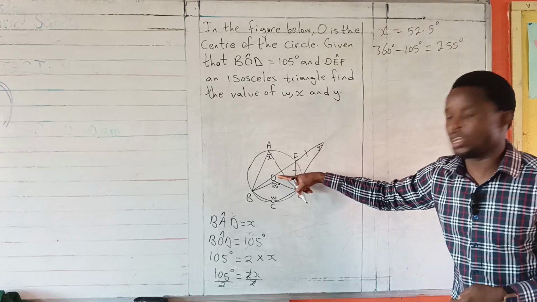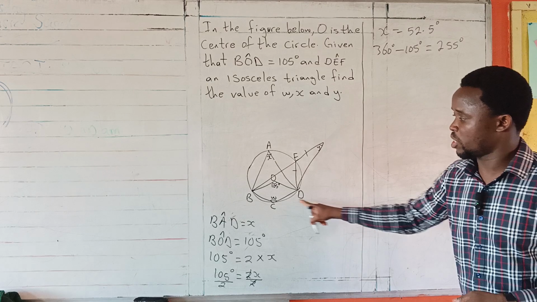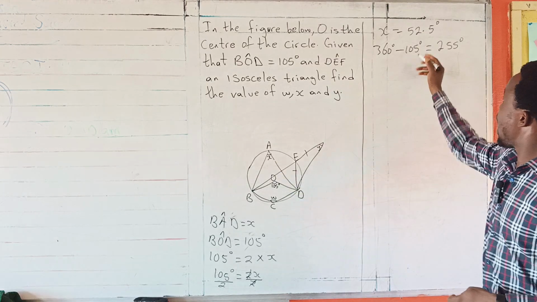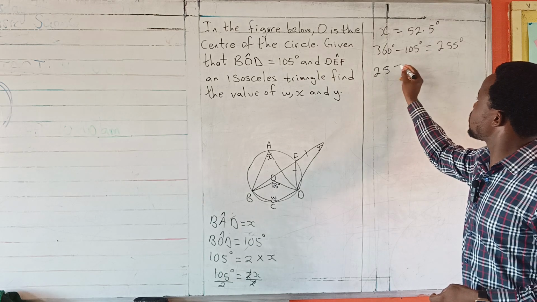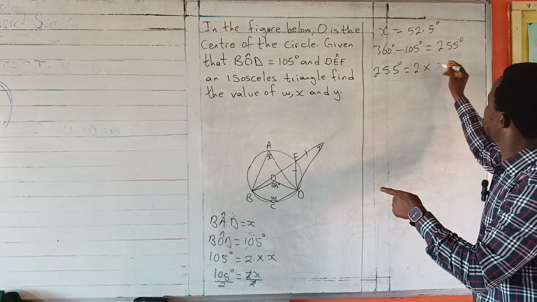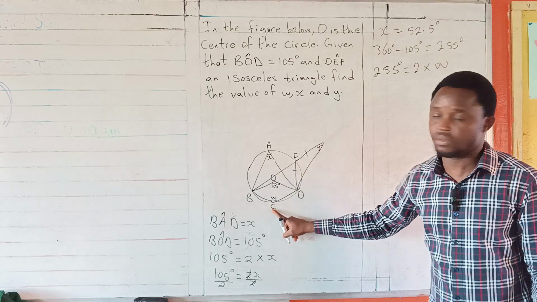So the reflex angle BCD, which is the angle at the center, is twice the angle at the circumference. So I can say 255 degrees equals 2 times W.